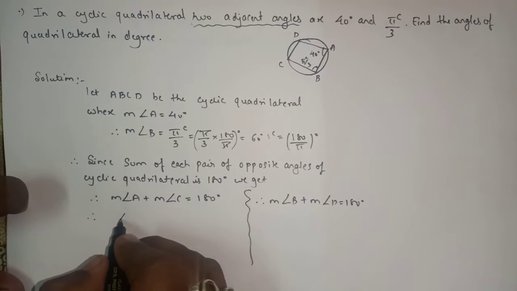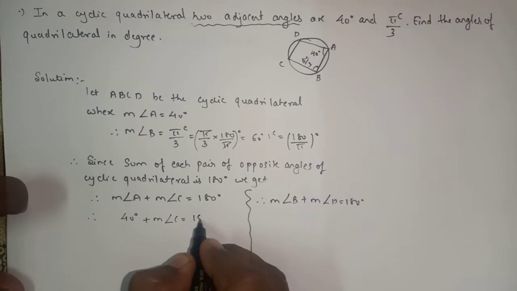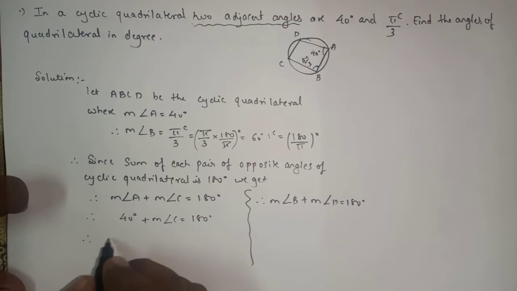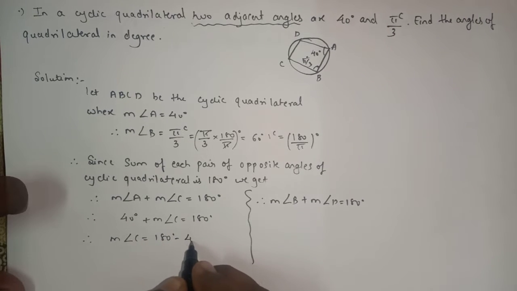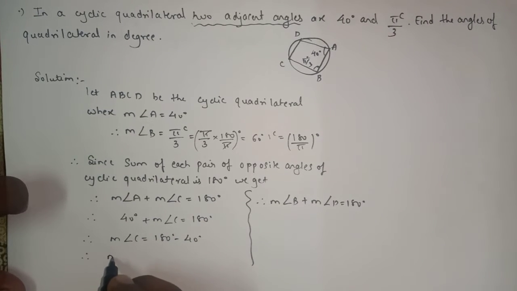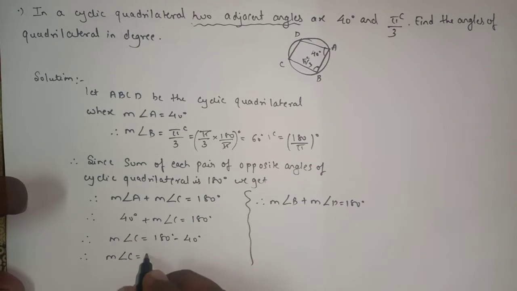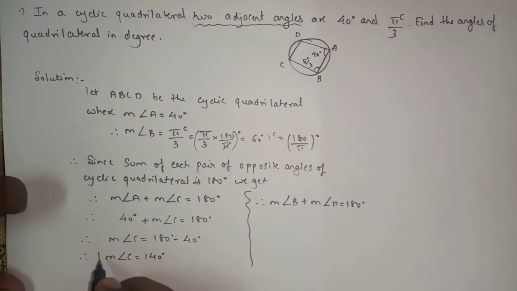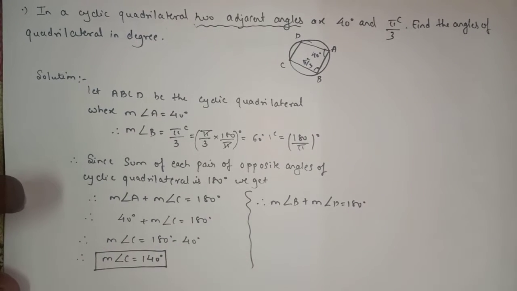Measure of angle A is 40 degrees, so measure of angle C is 180 minus 40, which is 140 degrees. So here we got the measure of angle C as 140 degrees.